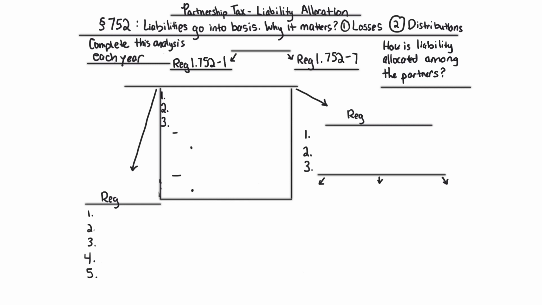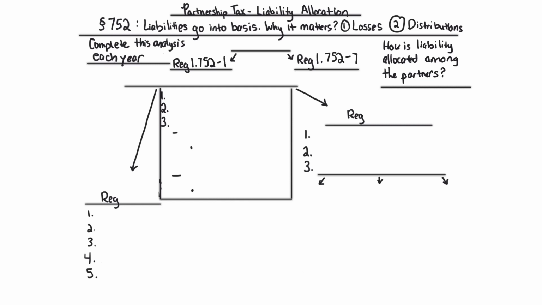So the Reg 1.752-7 on the right side is for contingent liabilities, like environmental potential liabilities. Like, if you are BP Oil and there's a potential environmental liability out there if there's an oil spill, you have to put it on the books, record it in the footnotes, the financial statements, whatever it is. It's still a liability. Well, how do you allocate that when you have contingencies or maybe potential lawsuits, stuff like that?